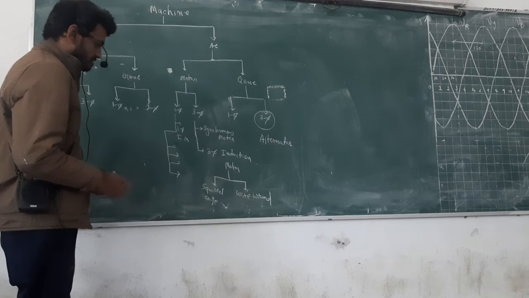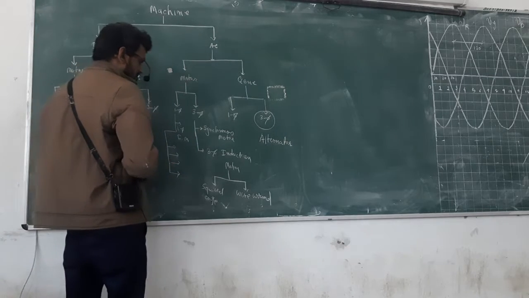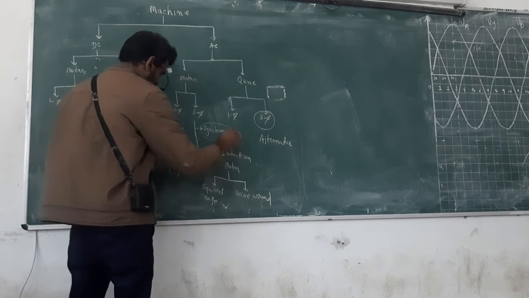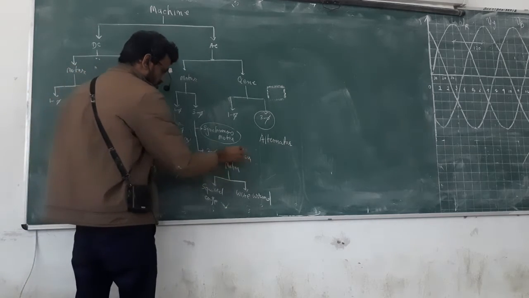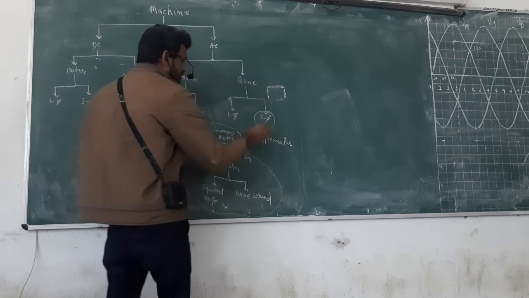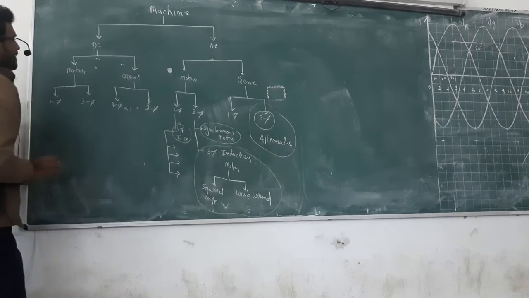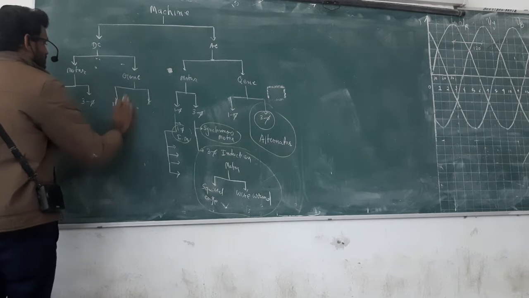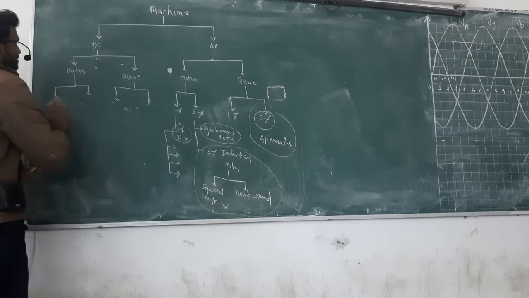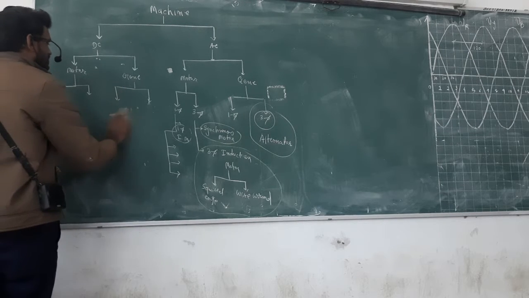So in your syllabus right now, what are the main important questions? This one, three-phase induction motor, this one, alternator, and, wait, in DC machine three-phase is not there. In DC machine only motor is there and only generator is there.